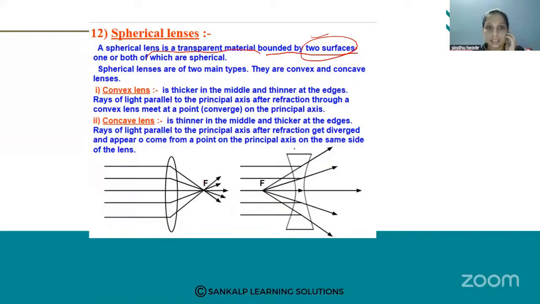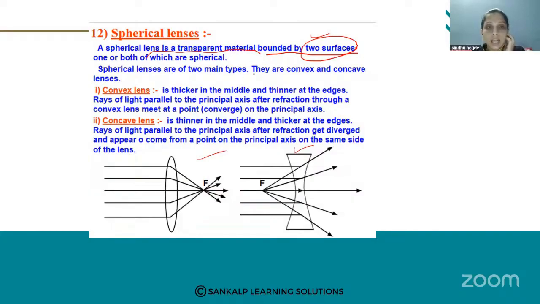See, this is the image. One is a concave mirror and another one is a convex mirror. Here the lens is bent in two surfaces.